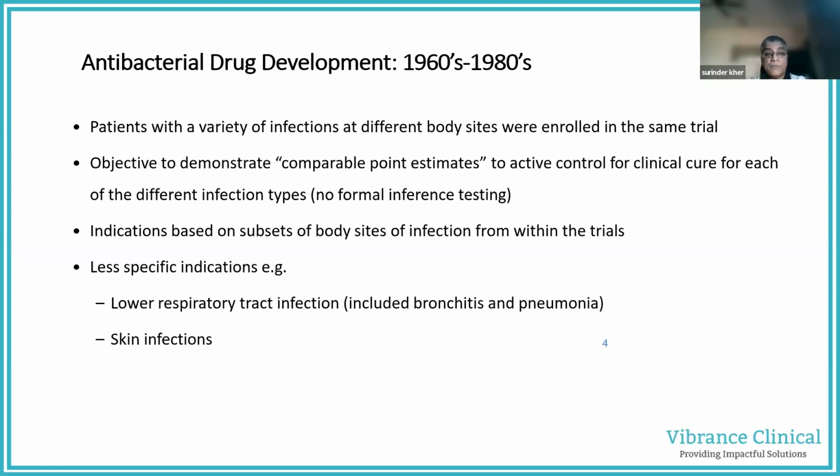Indications were based on subsets of body sites of infection from within the trials, and were less specific, for example lower respiratory tract infection and skin infections. These are very broad, common kinds of infections for which antibiotics used to be developed, approved and then used.